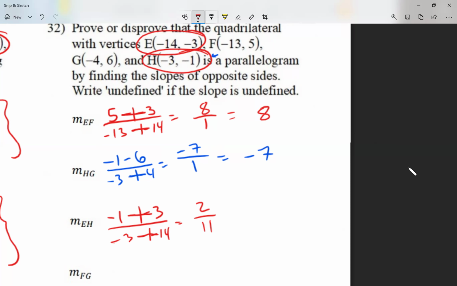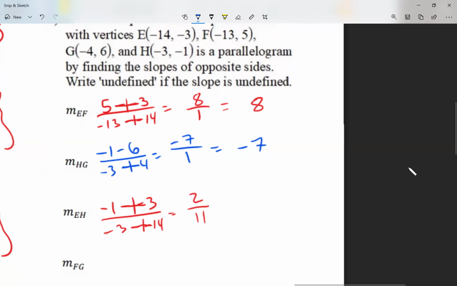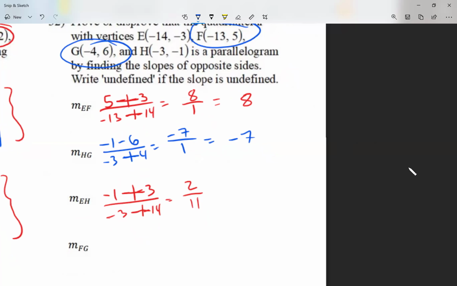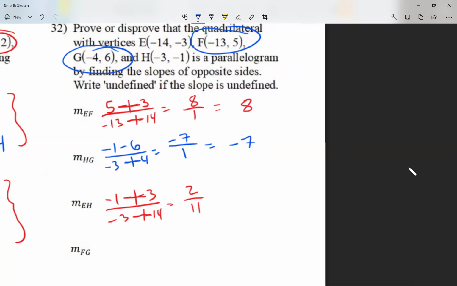Okay. And lastly, let me switch back to blue so we don't get confused. I'm going to find the slope of the segment FG. So I'm using the values of F and G. I'm going to use G as my second point. So I'm going to write the number from G first. So let me subtract the Y's. So 6 minus 5.